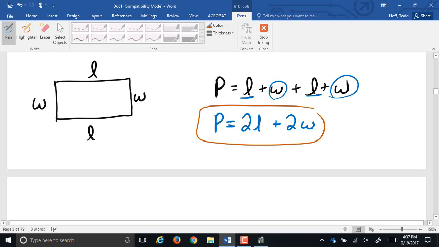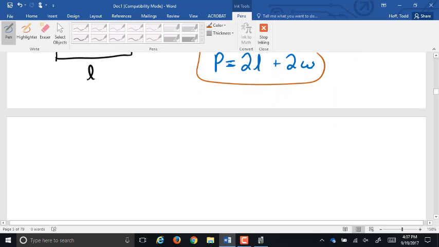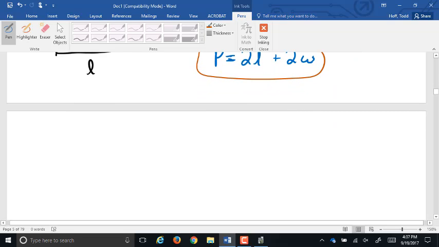That formula would shorten up the calculation we just did by allowing us not to have to combine after we put numbers in. It also allows us to look at slightly more complex perimeter problems.